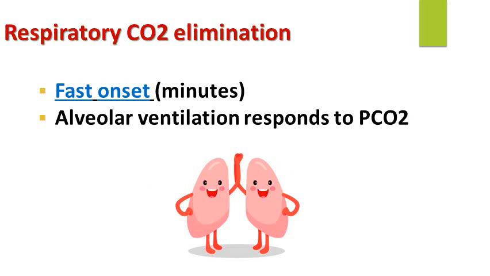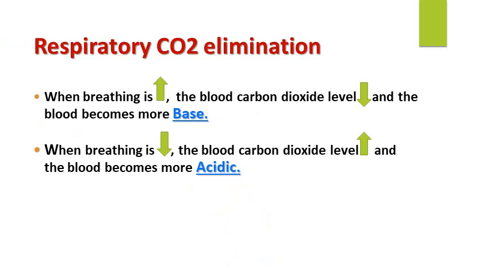Respiratory CO2 elimination has fast onset and occurs within minutes. When the breathing is increased or the respiratory rate is increased, the blood carbon dioxide level will decrease and the blood becomes more basic.